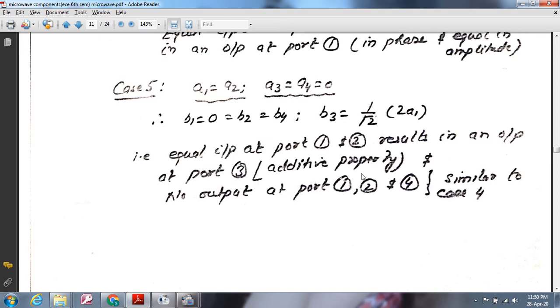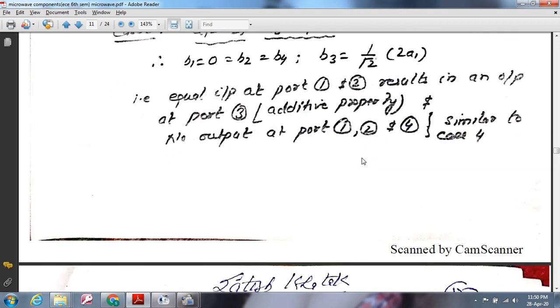That is again the additive property, and no output at port number 1, 2 and 4, as in case number 4. So we are having the same results.